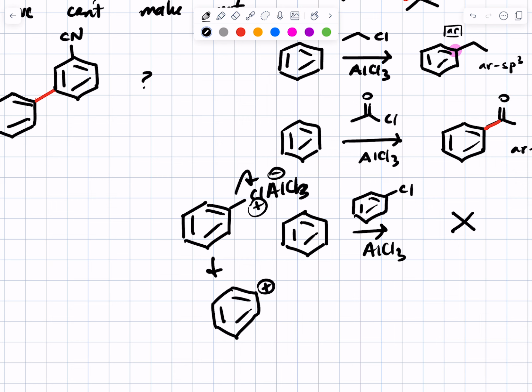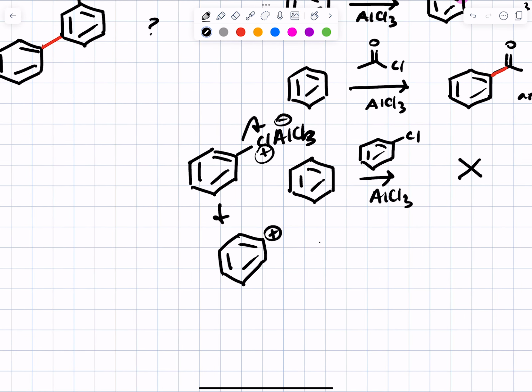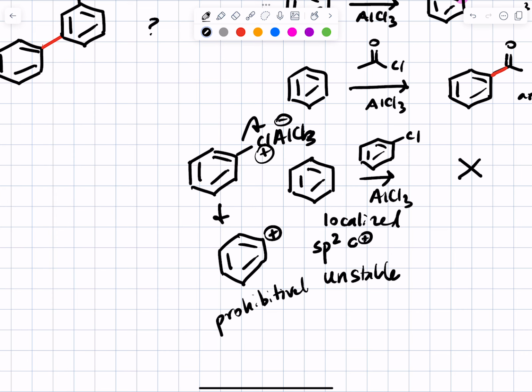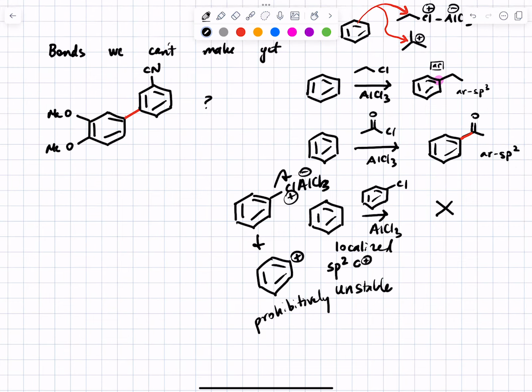And you had to draw this carbocation and realize that we have never ever suggested that an sp2 carbocation that's not resonance stabilized is a good intermediate. In fact, it is prohibitively, I already started, so now I have to finish, prohibitively unstable. So you can't use Friedel-Crafts chemistry to make this bond. We need an alternative method.